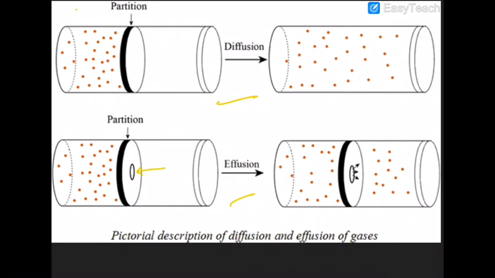If you allow the gas to pass through a pinhole, it will spread into the other volume. But if you remove the whole partition, then the gas will instantaneously intermix. So allowing the molecules to pass through a pinhole is effusion, and allowing the molecules to intermix through a broader gap is called diffusion.